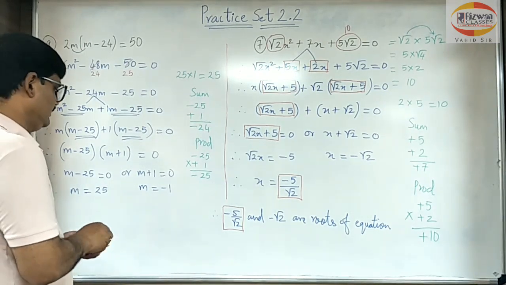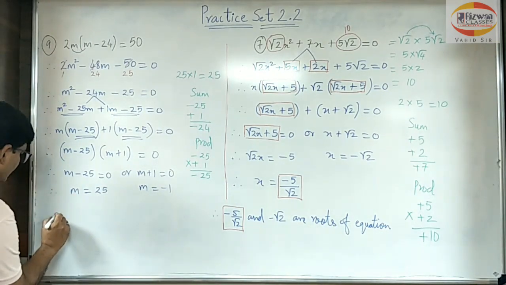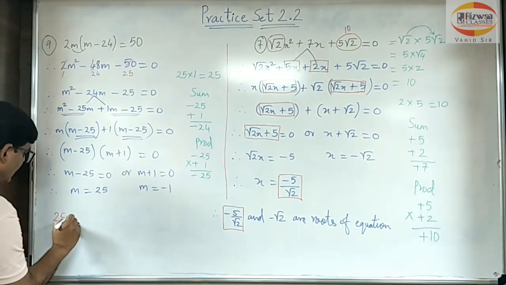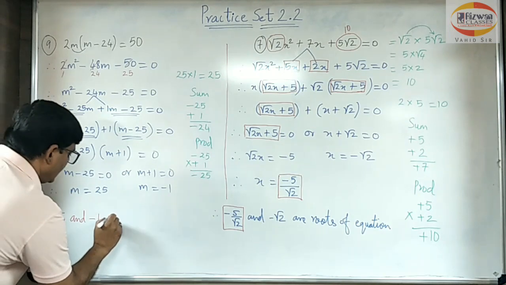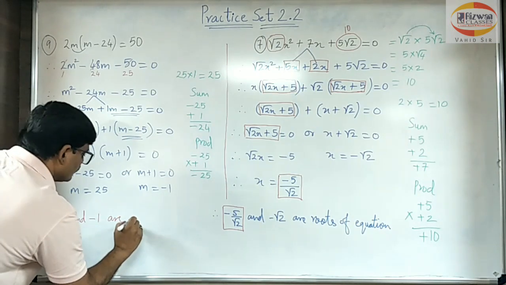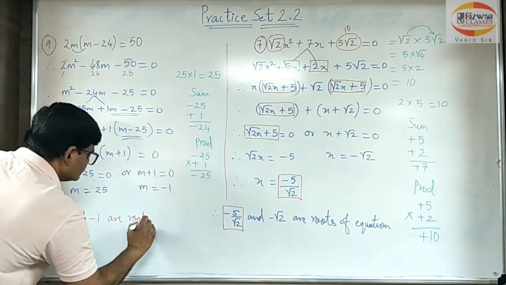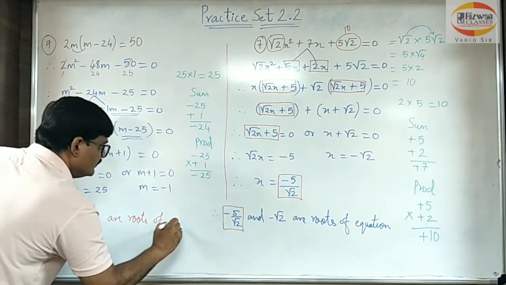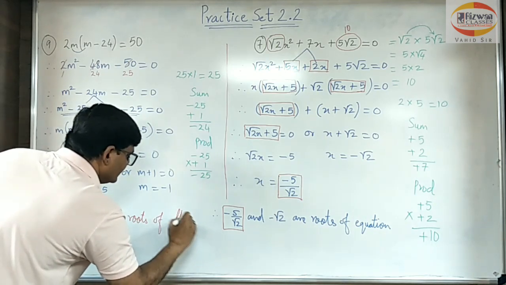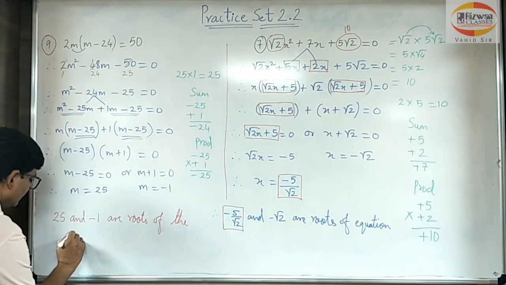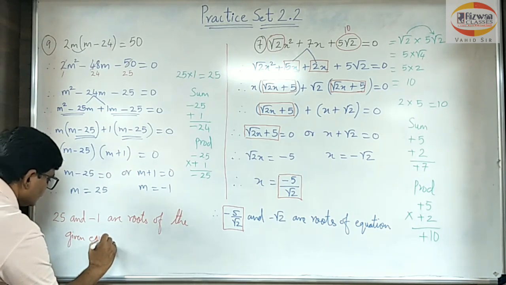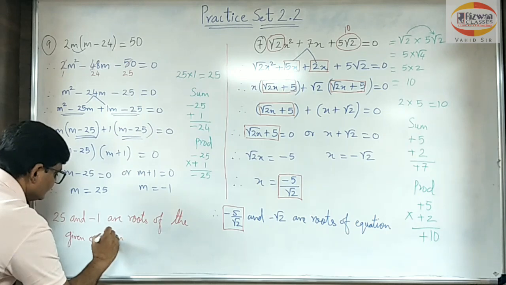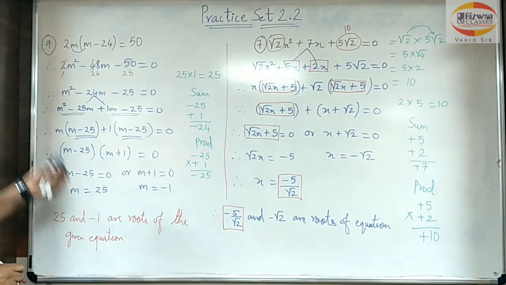So your answer is 25 and minus 1 are the roots of the given equation, and this is how we finish with question number 9.